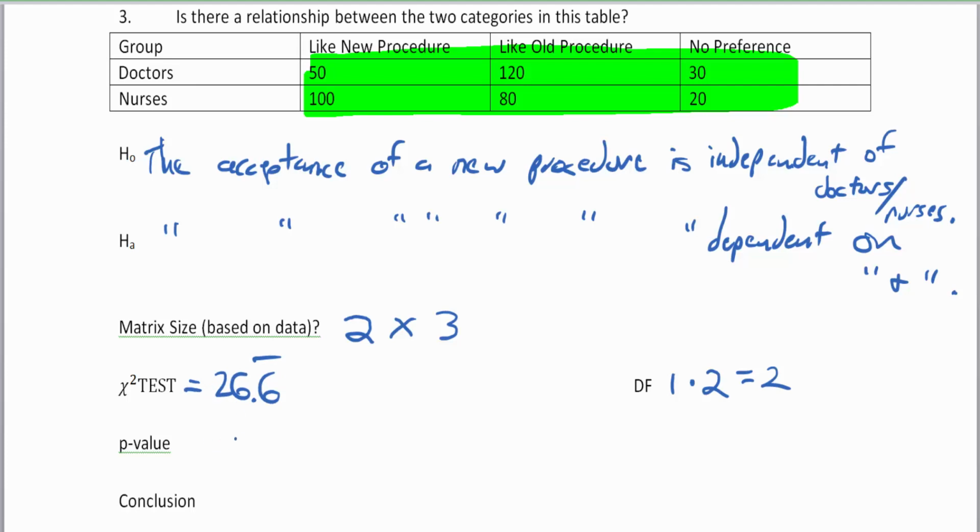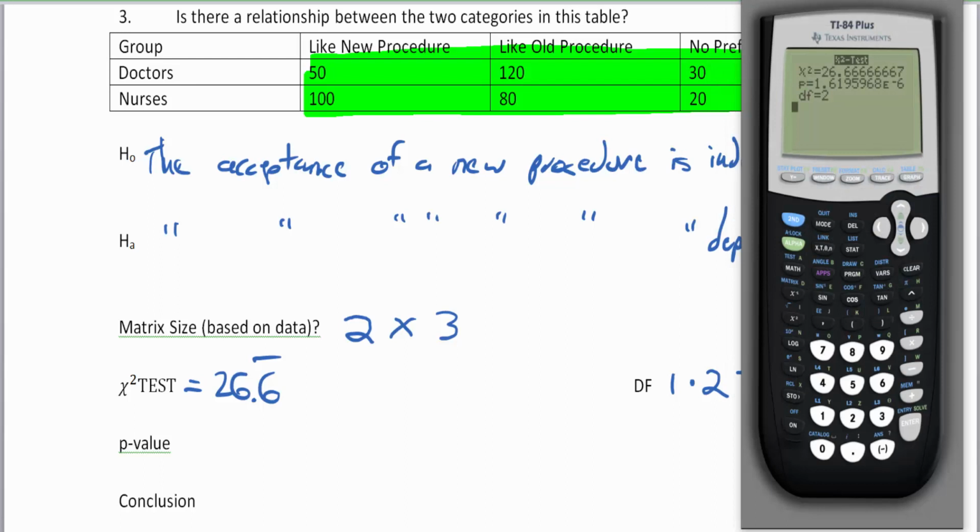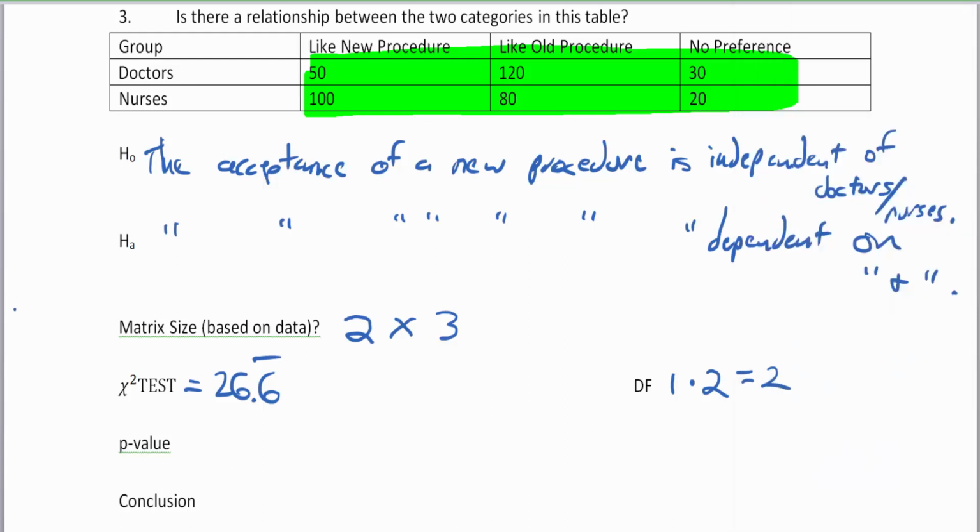Now my p-value was, again, I do not want you writing down 1.6 e negative 6. I want you to write down the decimal. So to show you one last time in this video, 1.6 e negative 6 is moving the decimal 6 places to the left.